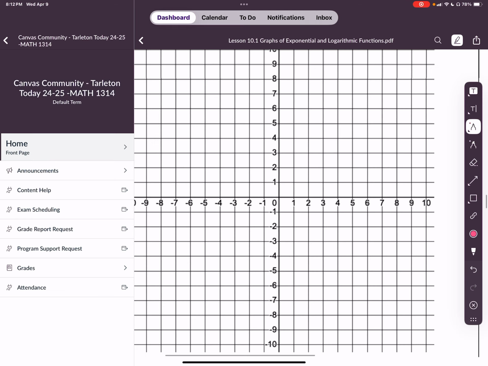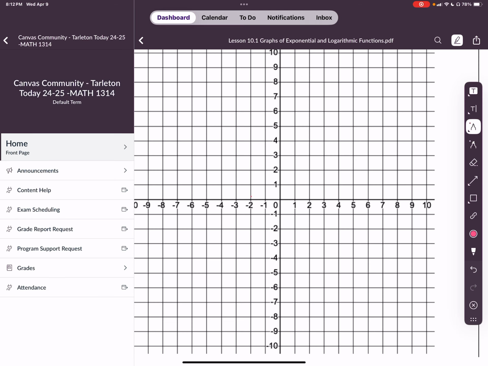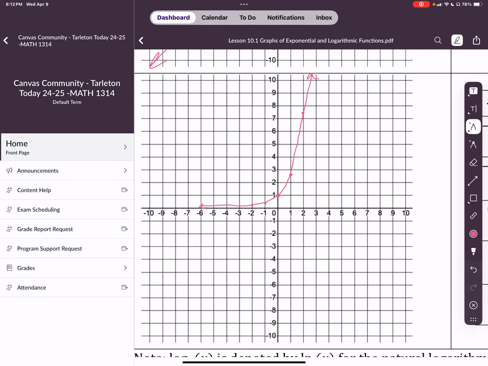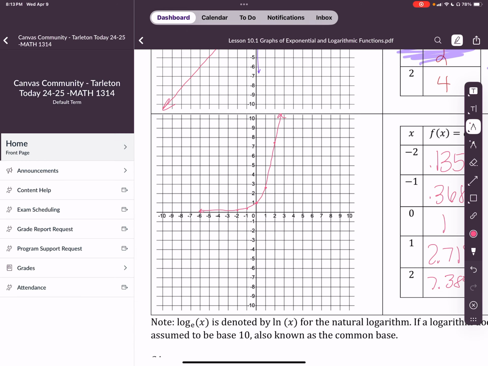So at -2, all right, so there's that graph.